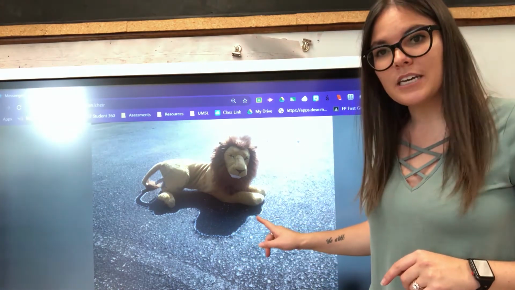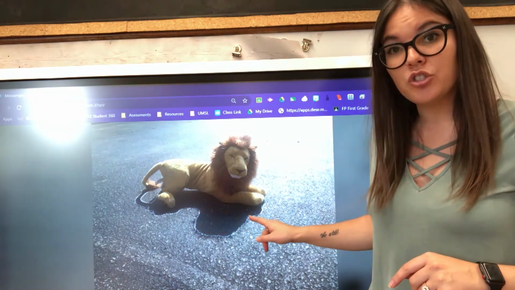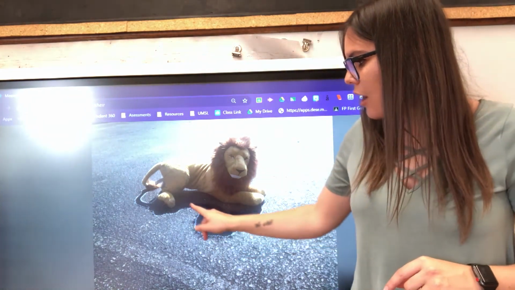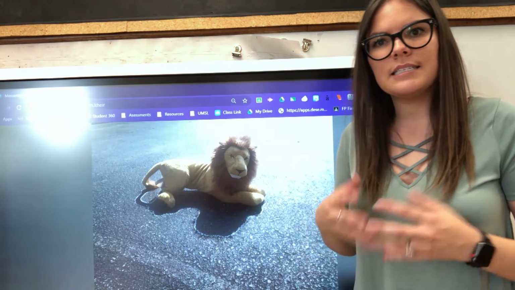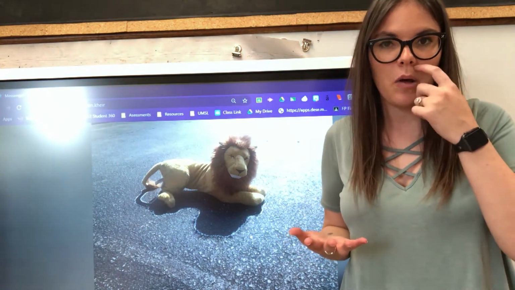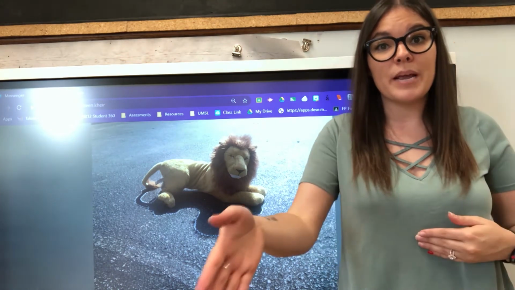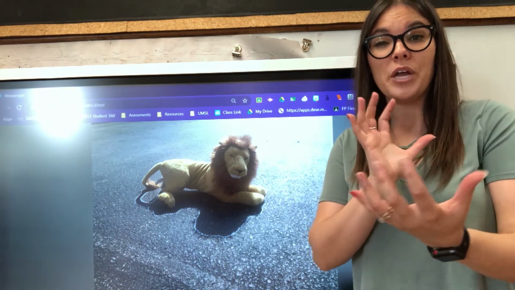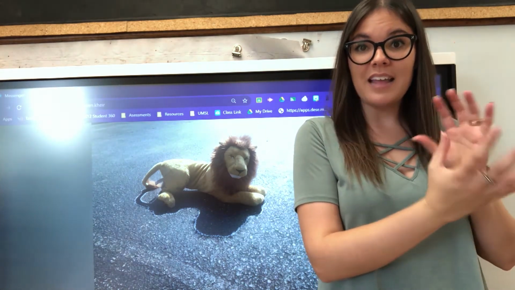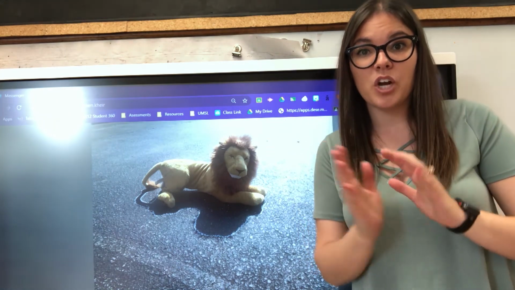So if you notice here, I used chalk, and I traced around his shadow to see if anything would happen with his shadow. Since the book was kind of teaching us that the reason why we have different shaped shadows is because we are rotating, and then the sun kind of seems to be moving across the sky.